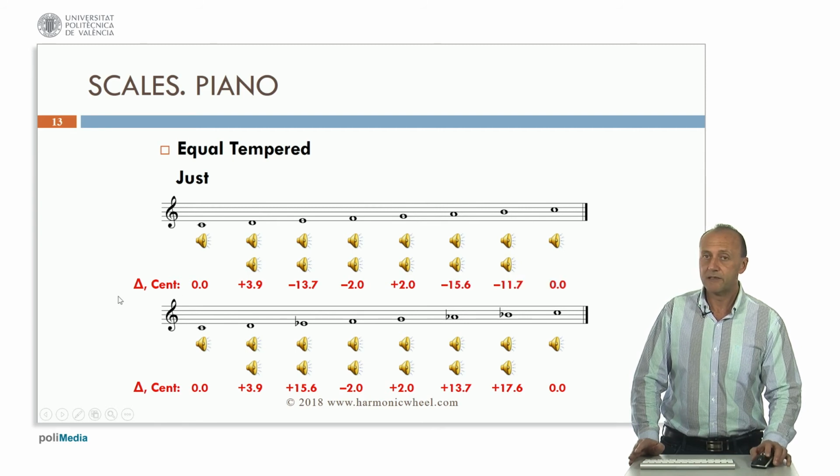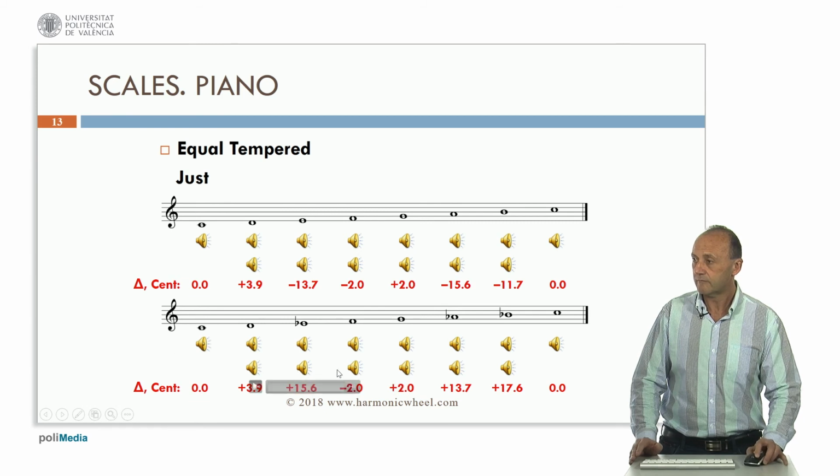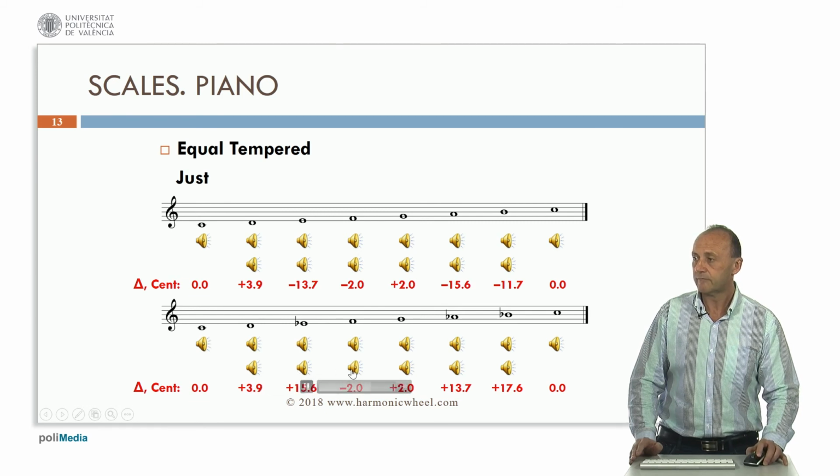Now the minor scale, natural minor scale, this is the first tetrachord in equal temperament. And in just intonation. The note E flat is different.